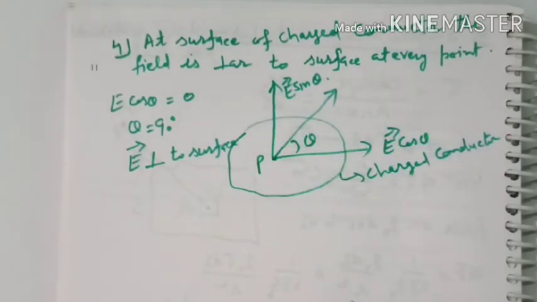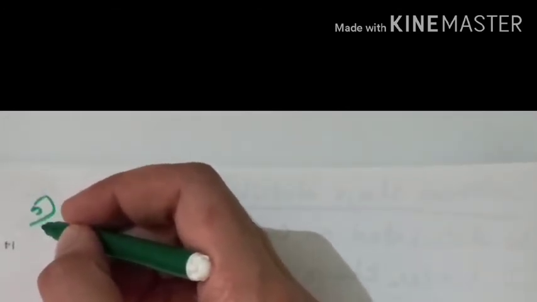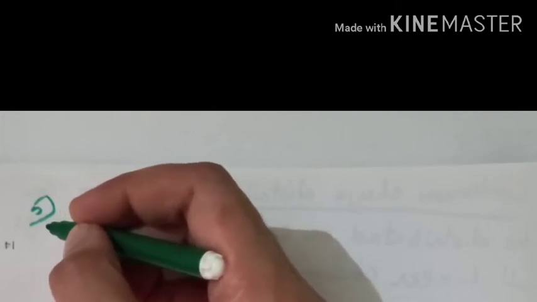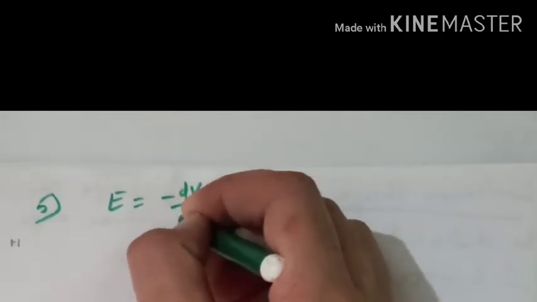Fifth property: the electrostatic potential is constant throughout the volume of the conductor. We know that the electric field is the negative of the gradient of potential.